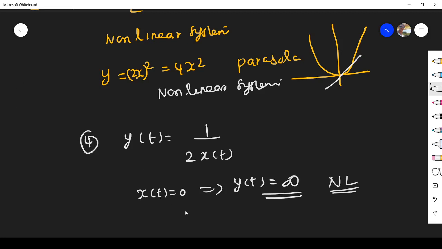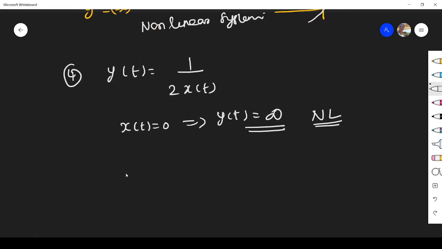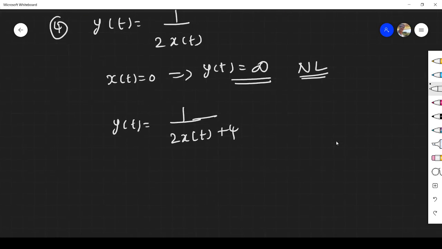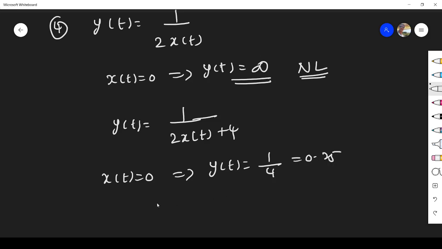Similarly, suppose the problem is changed like this: y of t is equal to 1 by 2x of t plus 4. Again you see that x of t equal to 0 implies y of t is equal to 1 by 4, that is equal to 0.25. Without input there is some output. Surely it is a non-linear system.